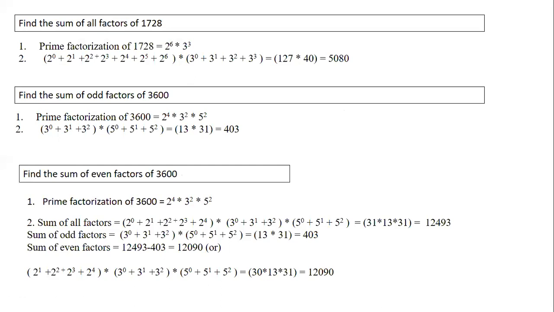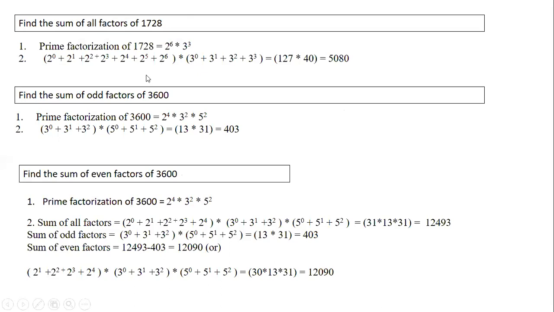Now 2 power 6, when you expand it from the lower power, is 2 power 0 plus 2 power 1 plus 2 power 2 plus 2 power 3 plus 2 power 4 plus 2 power 5 plus 2 power 6. In the same way expand 3 cube: 3 power 0 plus 3 power 1 plus 3 square plus 3 cube.